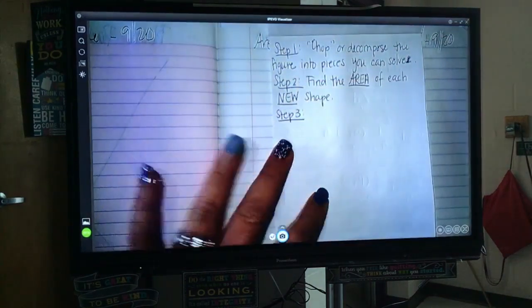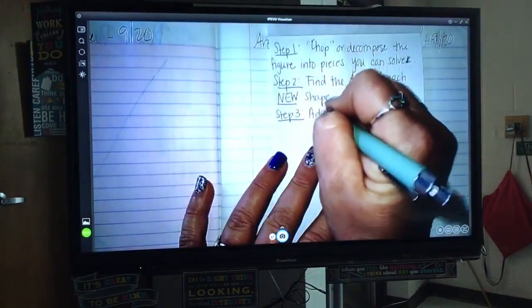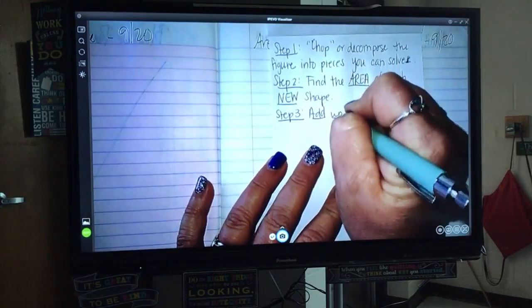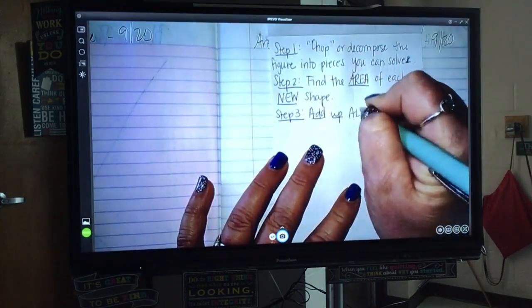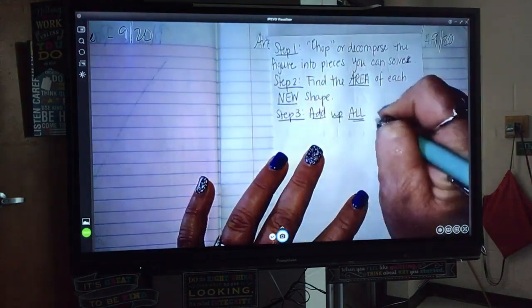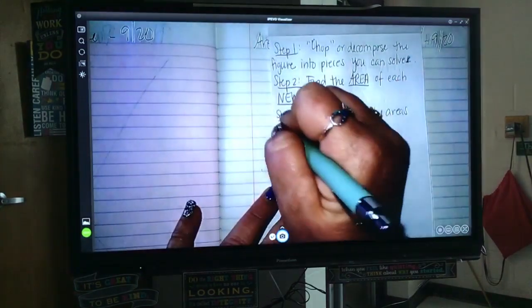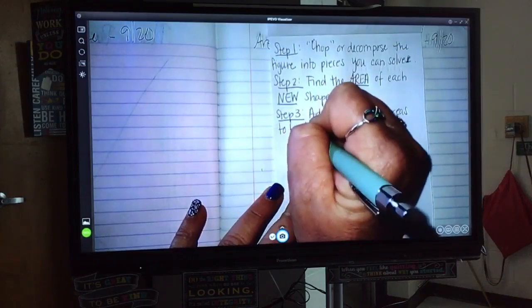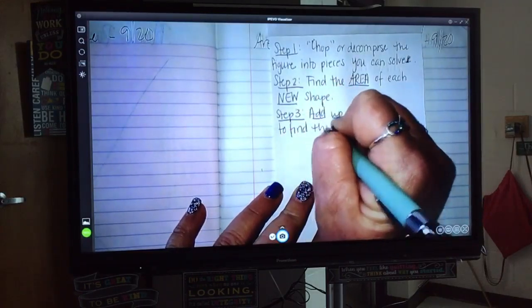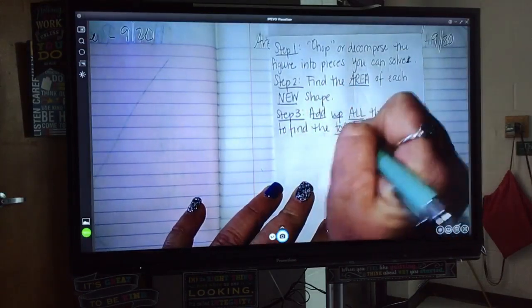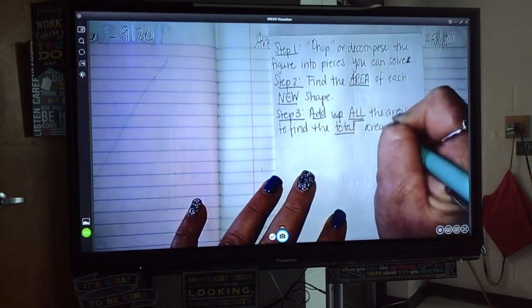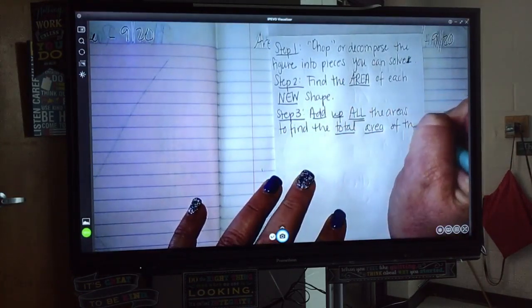And then step number 3, you add up all the areas to find the total area of the figure.